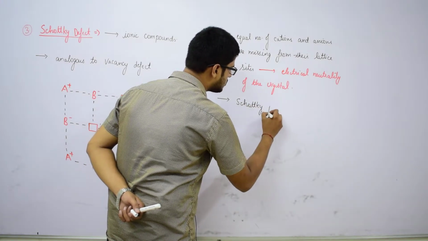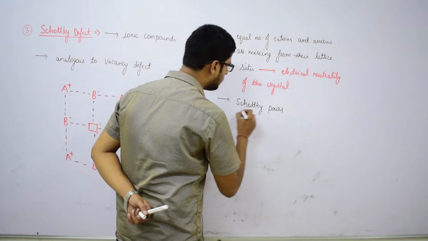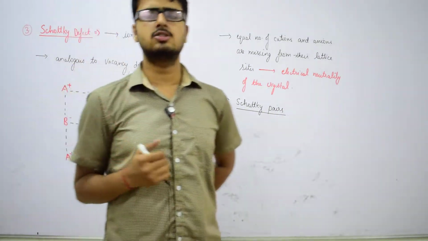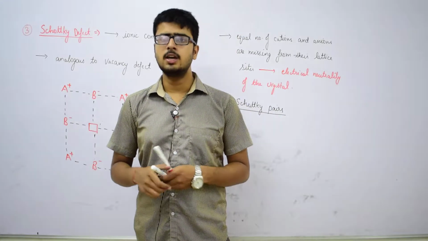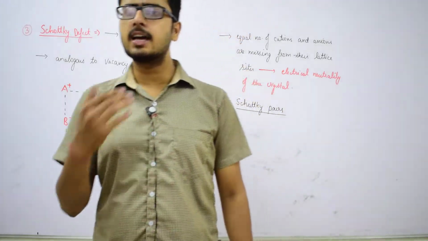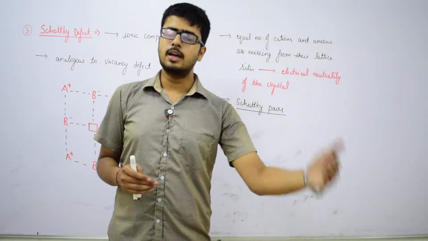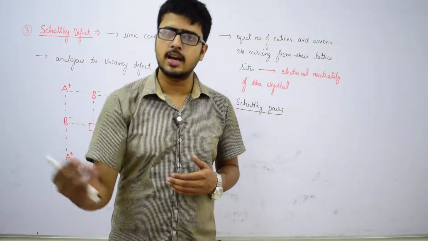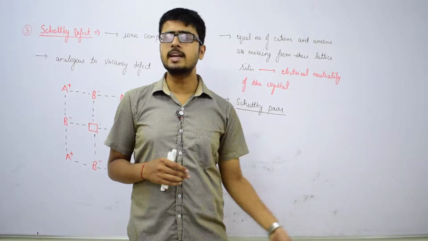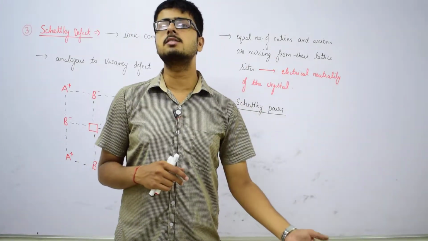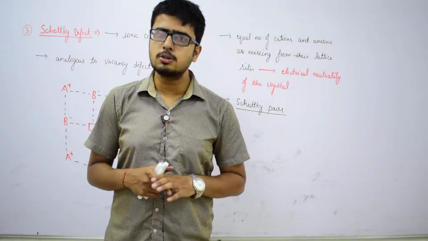We have already seen that in case of Schottky defect, equal numbers of cations and anions are missing from their lattice positions. If one cation is missing, then one anion will also miss. If two cations are missing, then two anions will also be missing, and if three cations are missing, then three anions will also be missing.